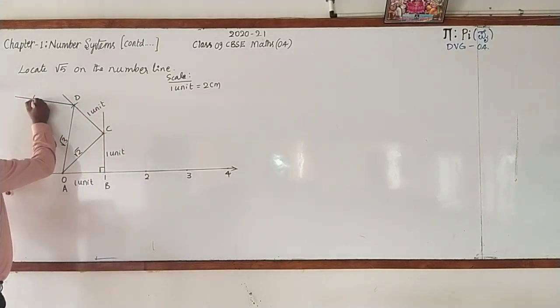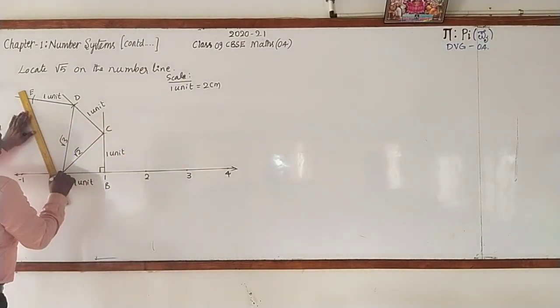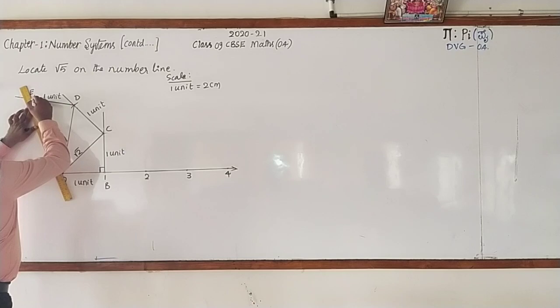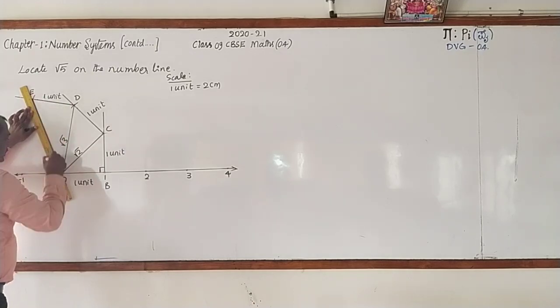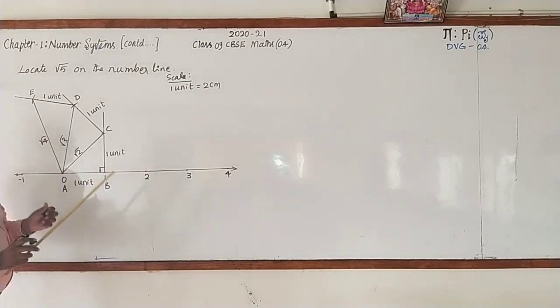Here I am showing that. This is point E. What is the length of DE? It is 1 unit. Next, take a scale, draw the line and join EA. What is this? It is root 4.